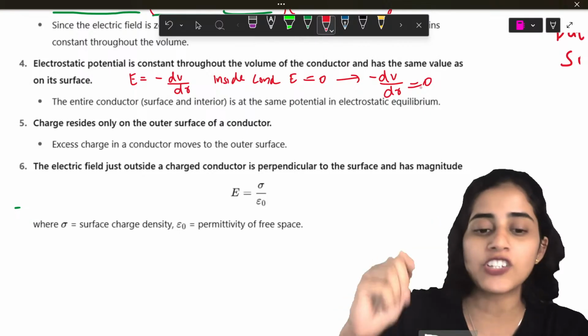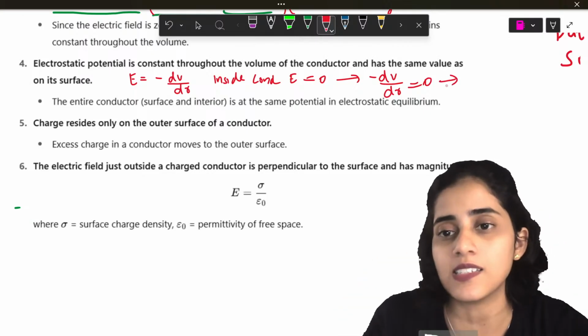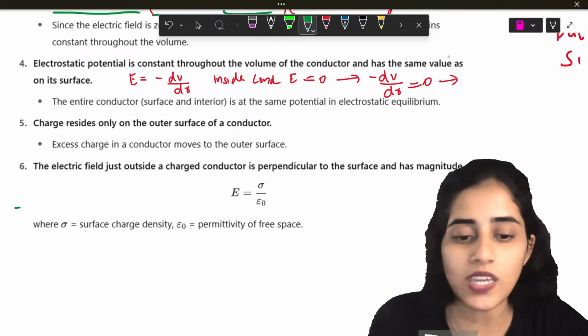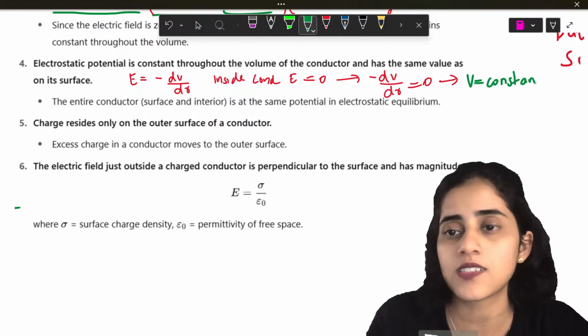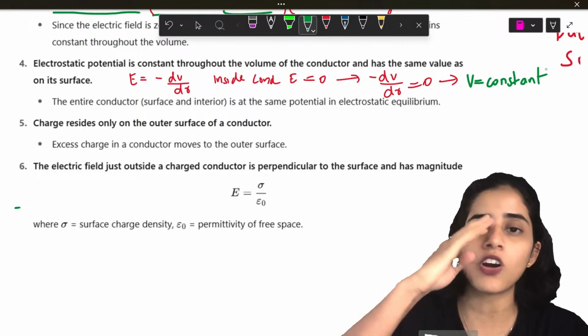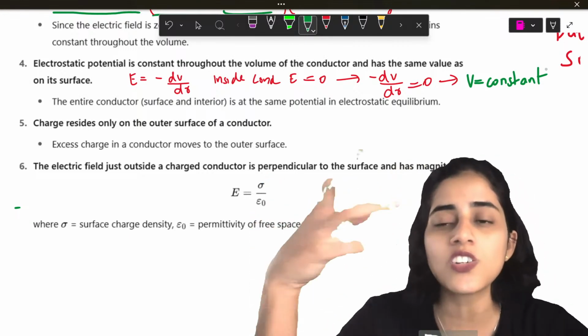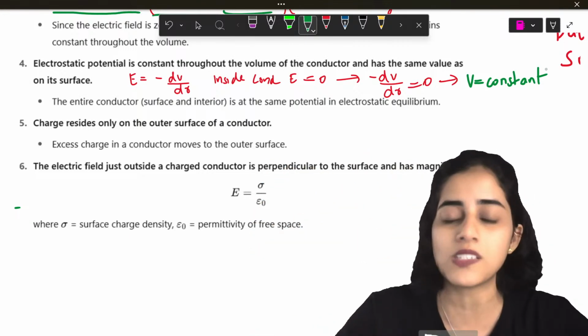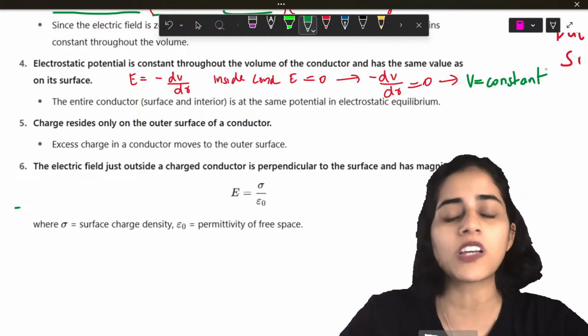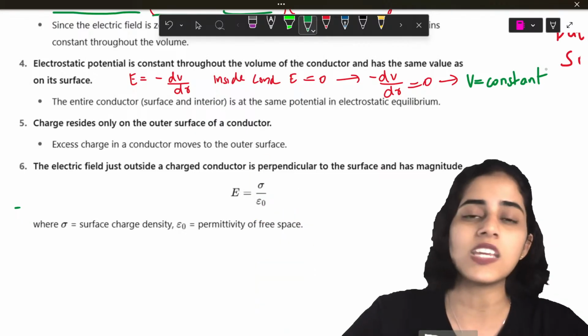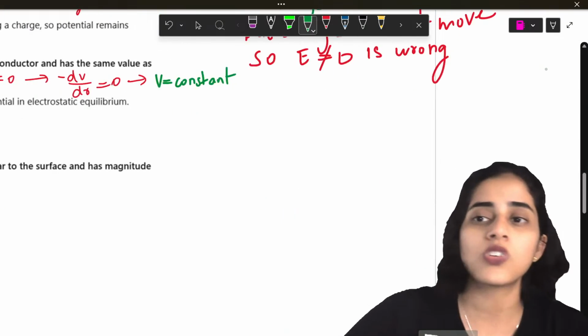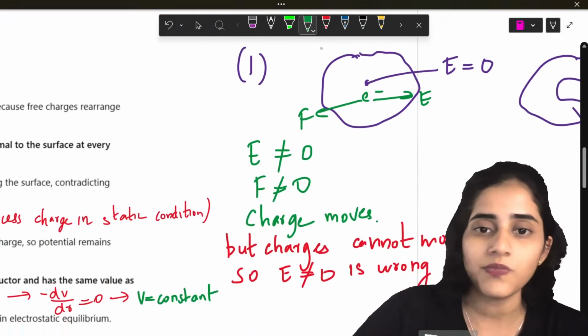The differential of a constant is 0. So from this, we can prove that V should be a constant. Why should V be a constant? Because its derivative should be 0. Its derivative is 0 because the electric field is 0 inside a conductor. So this means that V is constant.